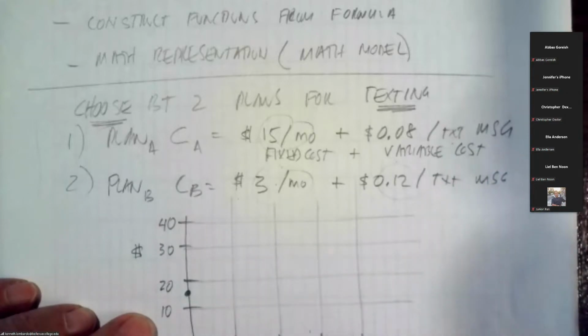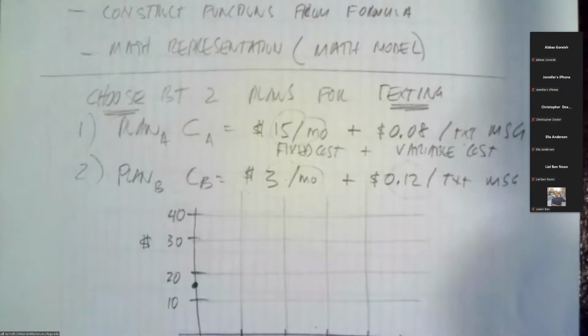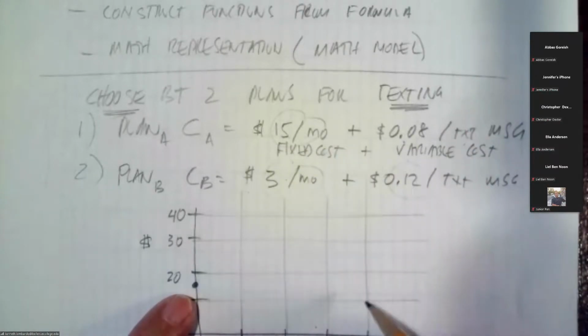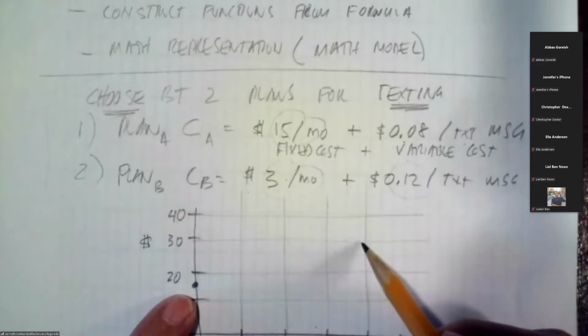So if I'm out here at 400, let's see what that ends up. 400 times 0.08, and that looks like that's 32. Is that right? 400 times 0.08 is 32.